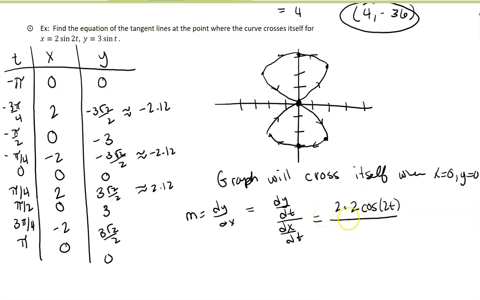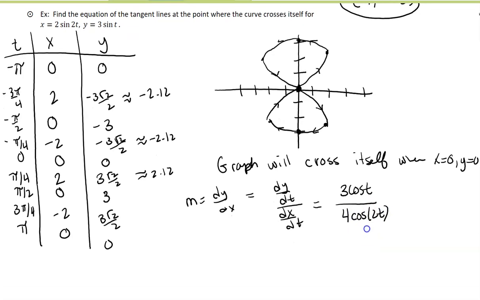And then dx over dt is just going to be 3 cosine of t. So I get, and I think I did those backwards. I did. See, I make mistakes sometimes too. dy over dt is 3 cosine of t. dx over dt is 4 cosine of 2t. It happens to all of us.